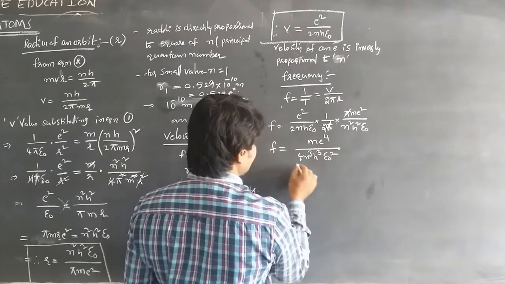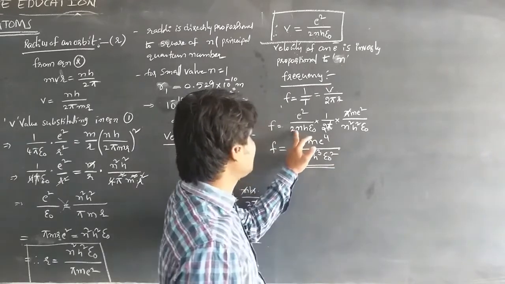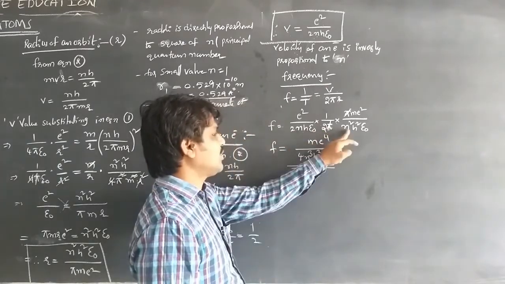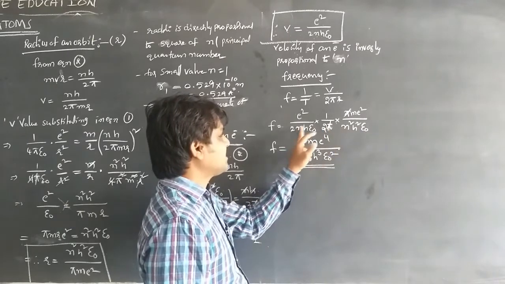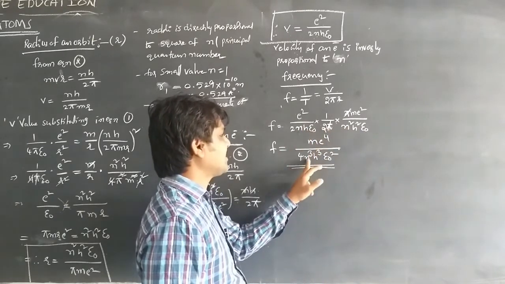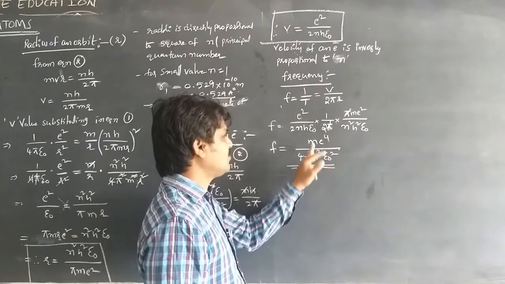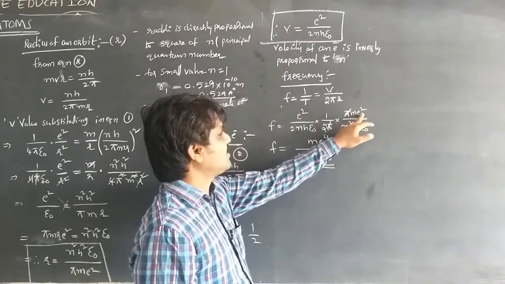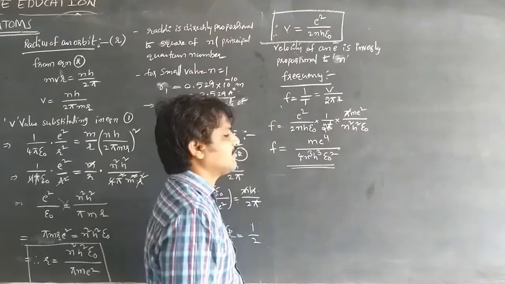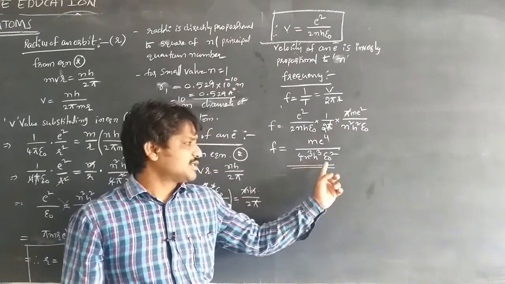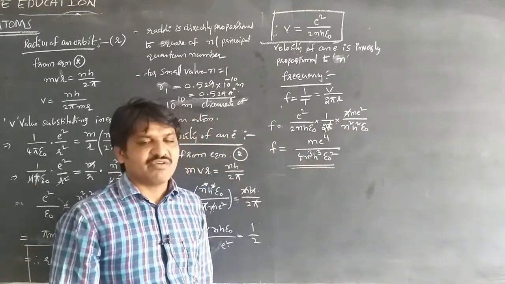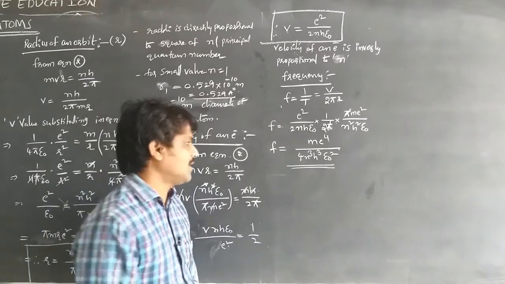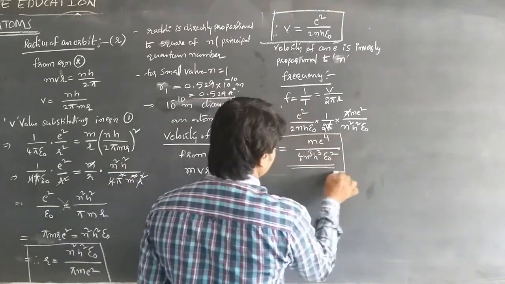This is the equation for frequency. The remaining terms are multiplied: 2 to the 4, n into n square will be n cube, h into h square will be h cube, epsilon naught into epsilon naught will be epsilon naught square. So e square into e square is e power 4, that is m e power 4 by 4 n cube h cube epsilon naught square, which is the frequency of an electron in an orbit.